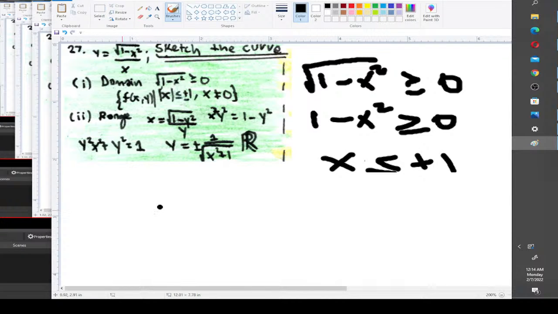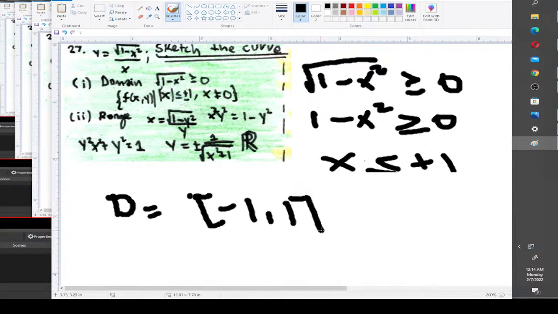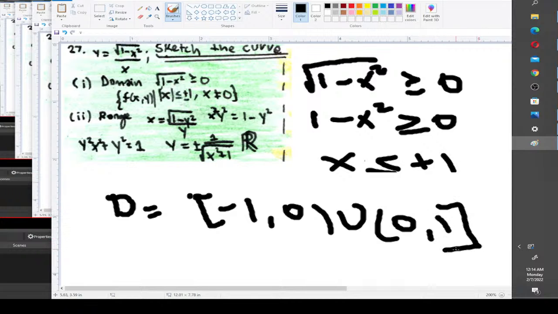So this is the domain with set builder notation. We have D, from -1 to 0, union, and then 0 to 1. That's the domain.